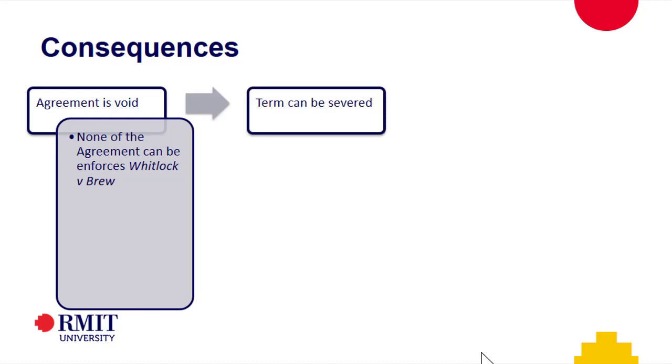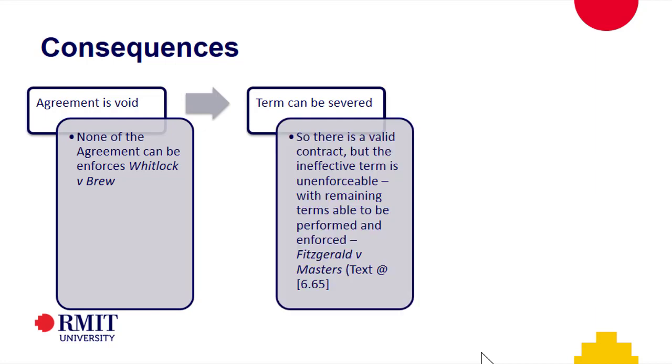However, if the offending term could be taken out of the contract, the question becomes, does the whole contract fall over still? Or can we have this contract continue to exist with that offending term, that offending provision pulled out of it? If we can, then we can still have a valid contract.